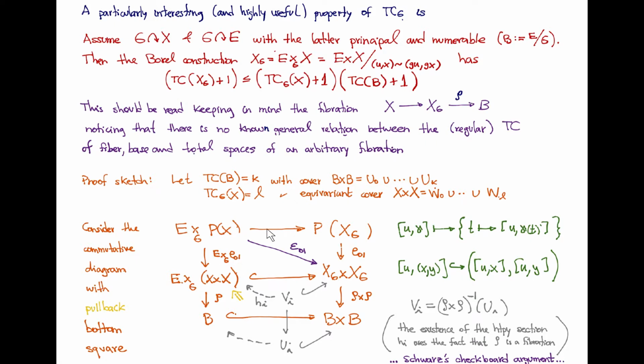Notice that there are 2 maps from this side to that side. For instance, the top one would take the class of u, comma, a path into the path that sends t into u again, comma, gamma t. This is a very natural map.